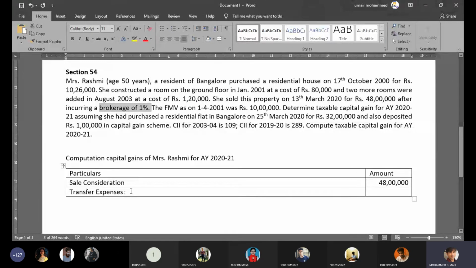Brokerage of 1% on what? On the sale consideration. So on this, she has paid the brokerage. That will be how much? 48,000.